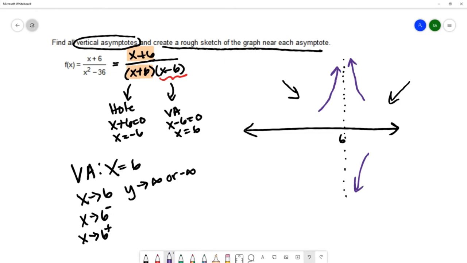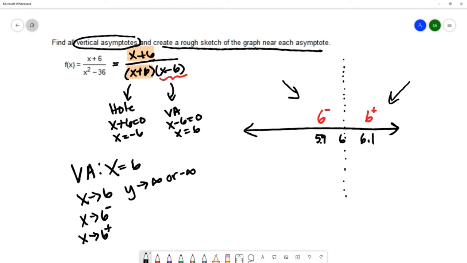The way we figure it out is with a test value. We want to pick a test value that qualifies for above 6 and a test value that qualifies for below 6. We really want to pick something close to 6, so maybe we pick 5.9 and 6.1.